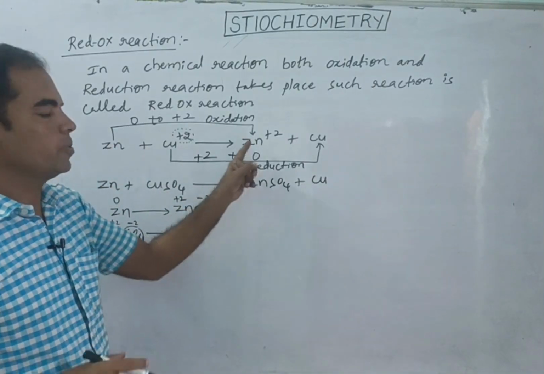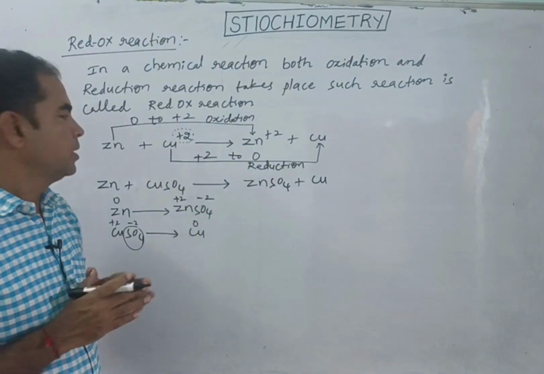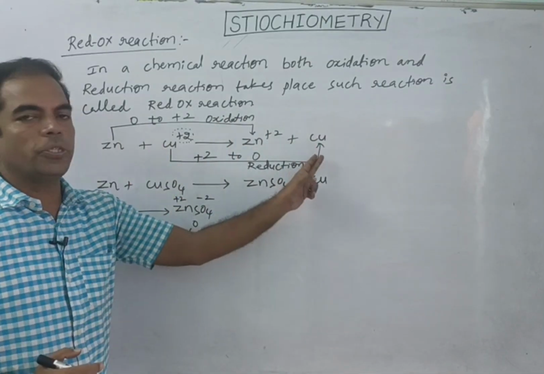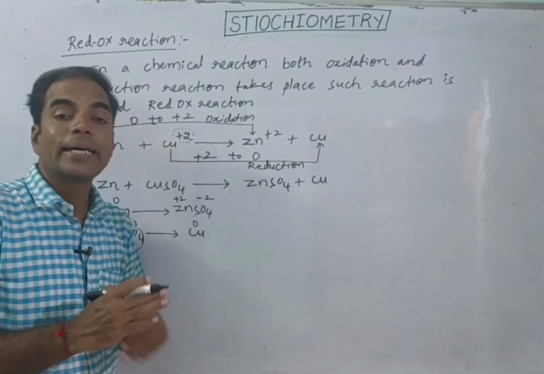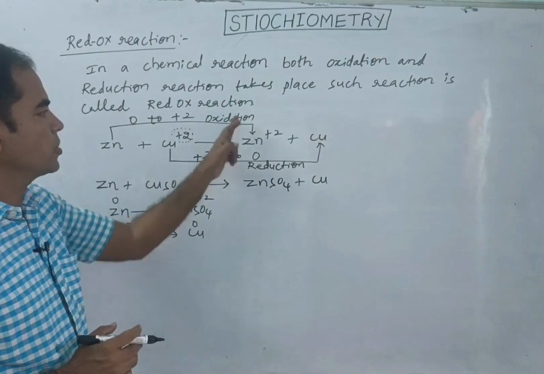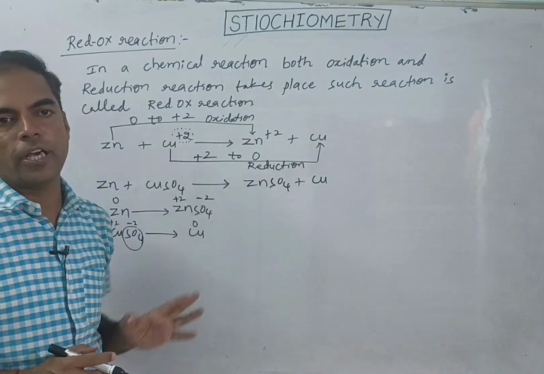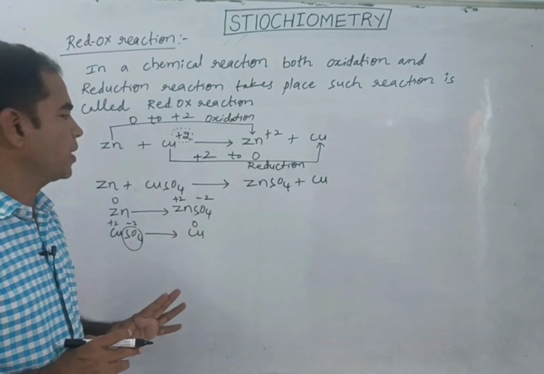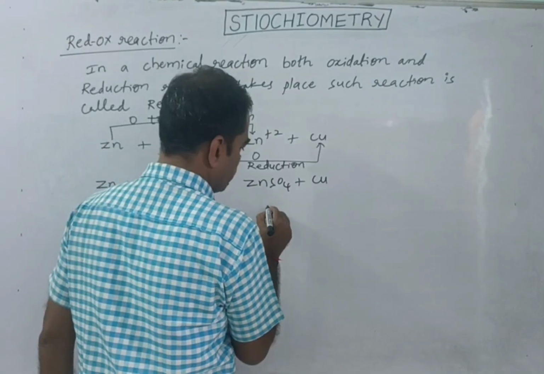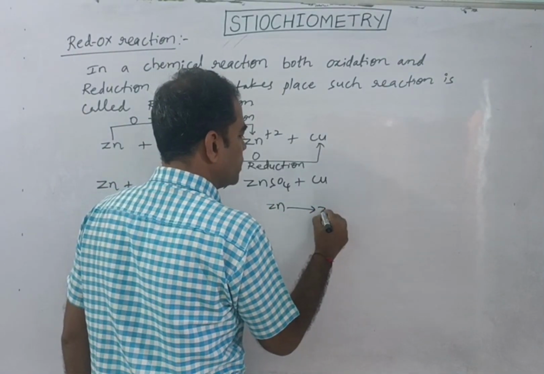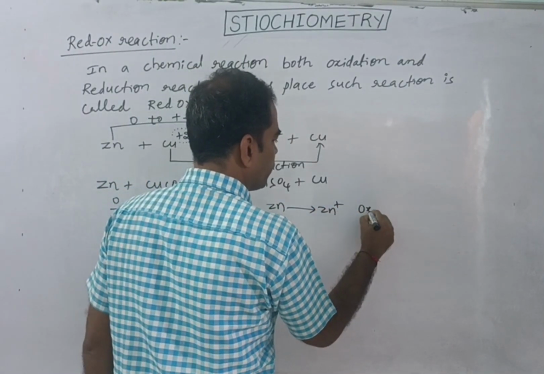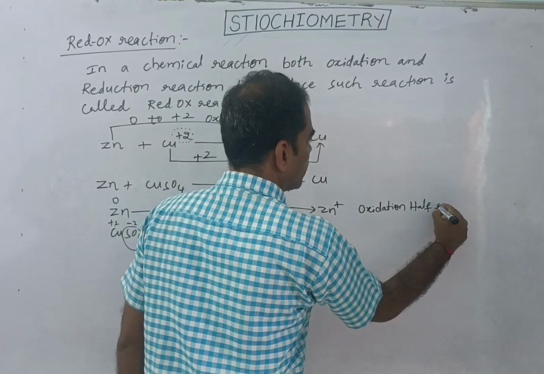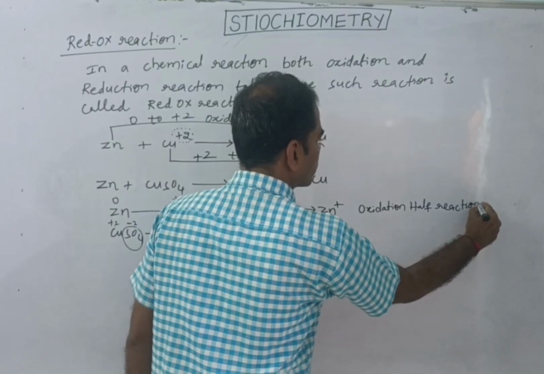Here, Zn to Zn2+ is called the oxidation half reaction. That is the half portion, half part. Conversion of Cu2+ to Cu is the reduction half reaction. This is the oxidation half reaction. This is the reduction half reaction. Okay. Conversion of Zn to Zn2+ is an oxidation half reaction.